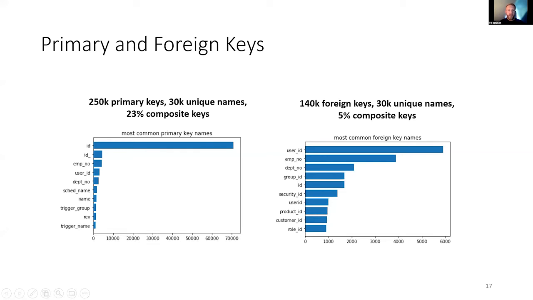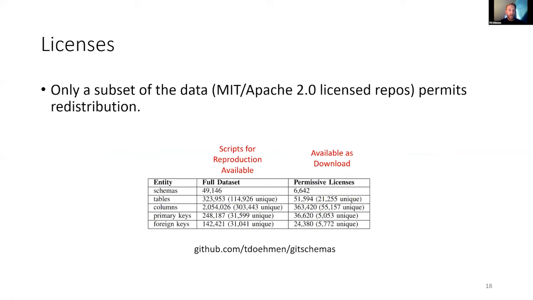Before we go there, first we have to talk about the licenses. Because only a subset of the data actually permits redistribution, we will provide the script for reproducing the full corpus. Unfortunately, we are not very confident about releasing the full data set at this point.